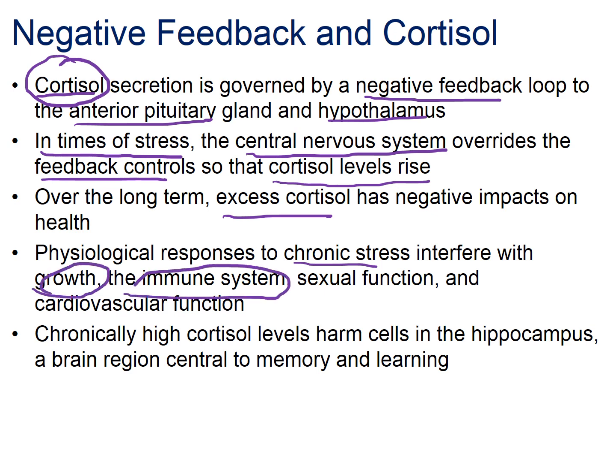Of course it will, because you're taking precious resources such as proteins, which is needed for growth, which is needed for, say, producing antibodies for your immune system. All that resources are going to be diverted for glucose production, and so your growth is going to be interfered, your immune system will go down, sexual function, cardiovascular functions will also be affected.